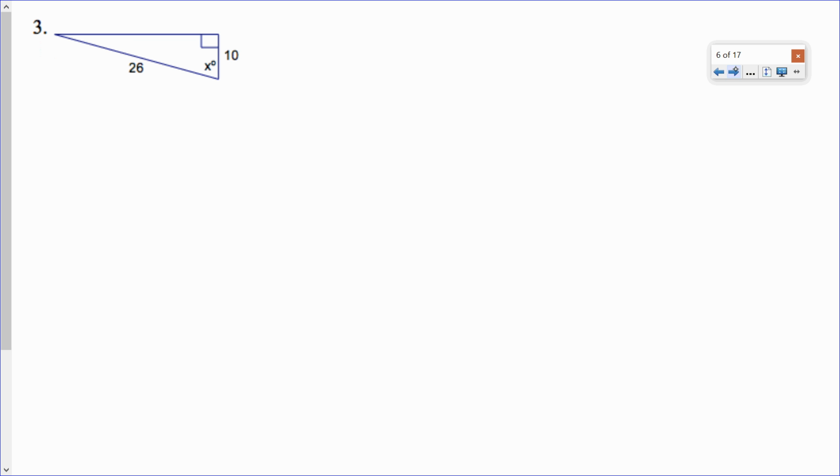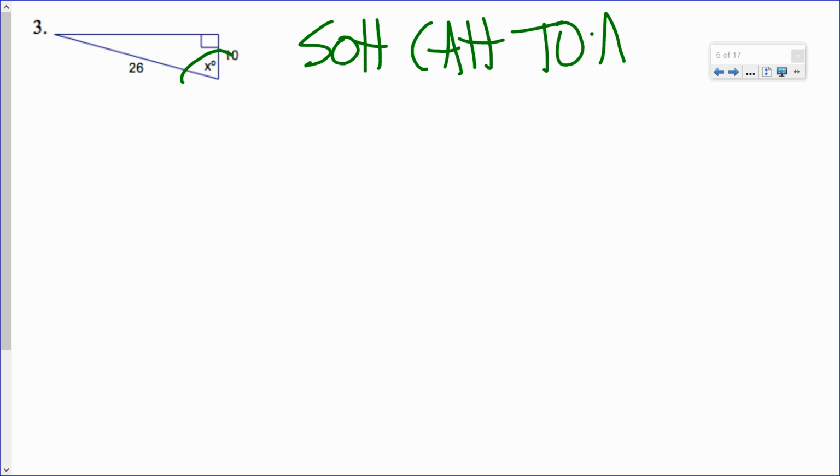Number 3, I see a right triangle. Is there an angle involved? Yes, so I'm using SOHCAHTOA. Label A, O, and H. H, A, O. Again, the angle always connects the H to the A. Out of A, O, and H, which two are involved in this question?